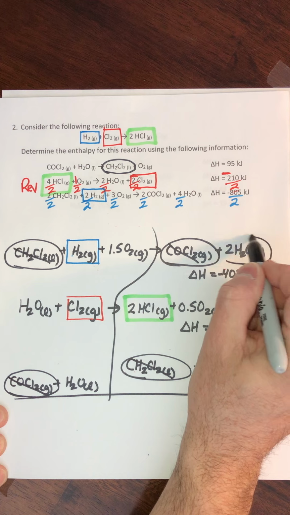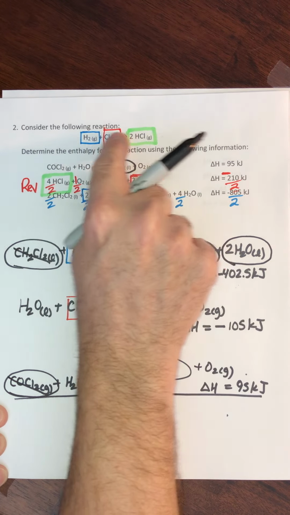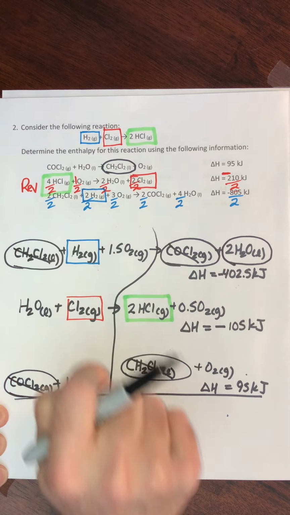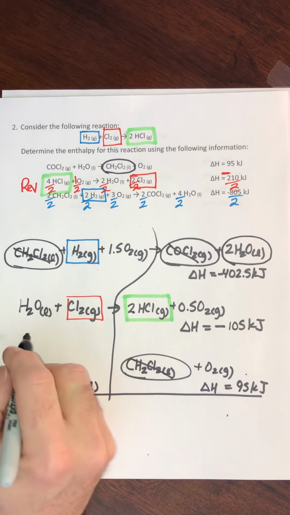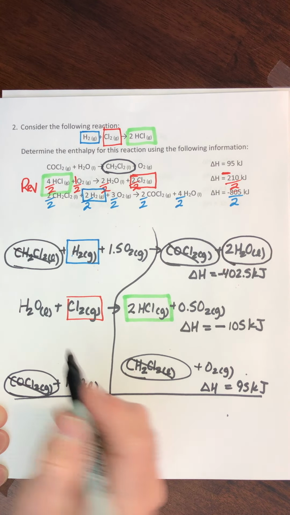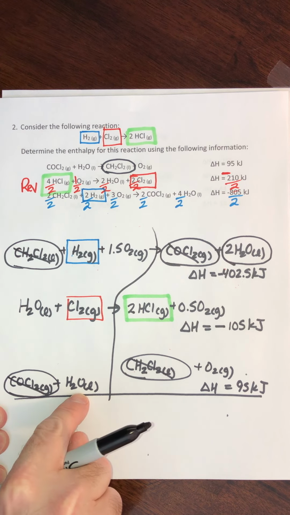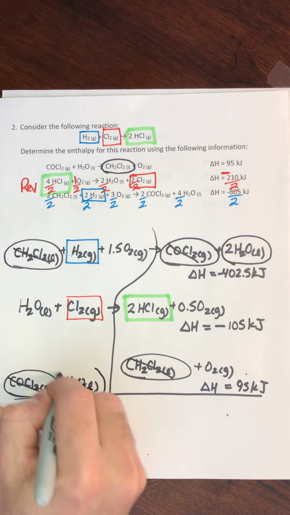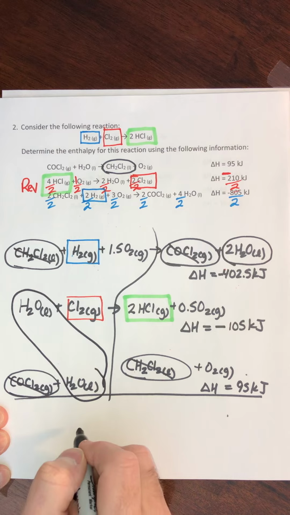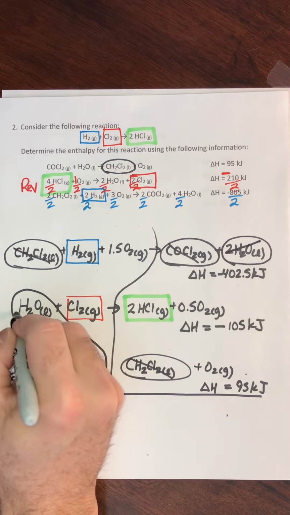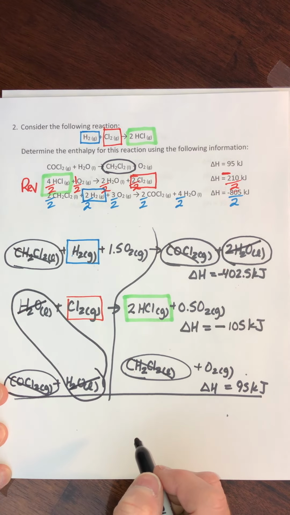I got 2 liquid waters here. There's no liquid water in my target equation, so it needs to cancel. If you look on this side, there's only 1 liquid water here, but there's also 1 liquid water here. There's 2 of them. So if you got 2 liquid waters, they cancel out with 2 liquid waters.